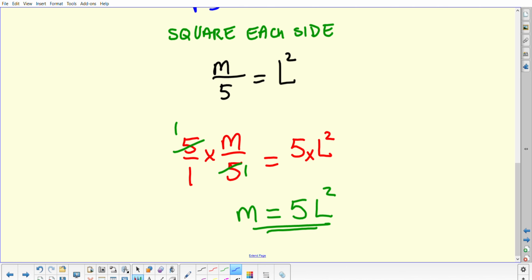So how you get the marks here, you get for squaring each side and writing down that statement there, that's the first mark, and the second mark is for doing that multiplying by 5 and getting to the final answer.